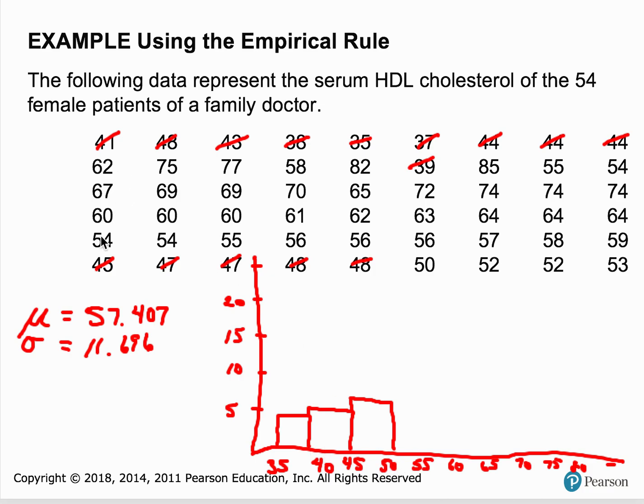All right, so 50 to 54: one, two, three, four, five, six, seven. 55 to 59: one, two, three, four, five, six, seven, eight. 60 to 64: one, two.